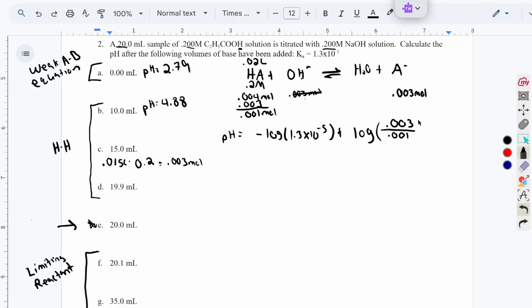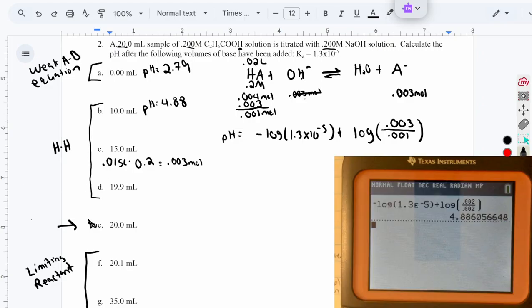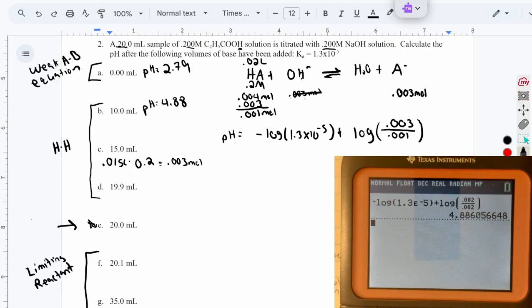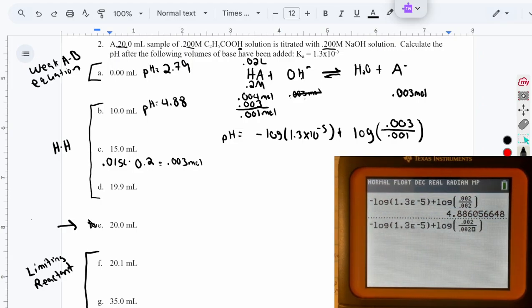If you literally put the number 3 here, that would work too. And then we can cheat a little bit in our calculator. We can just go back up and replace those numbers. So we replace this number with 0.003 and this one with 0.001, and we're going to get 5.36.